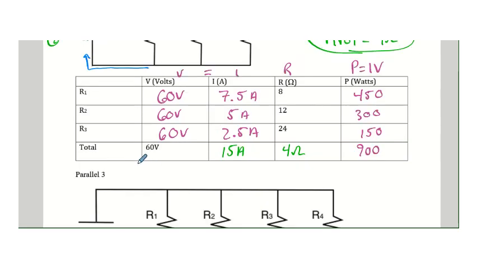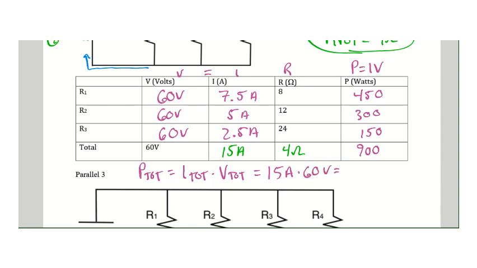So let's complete our power check. So my current total was 15 amps. 15 amps times 60 volts.